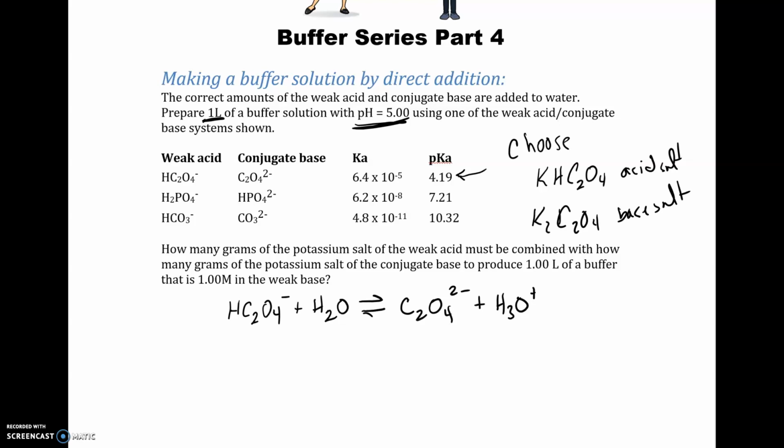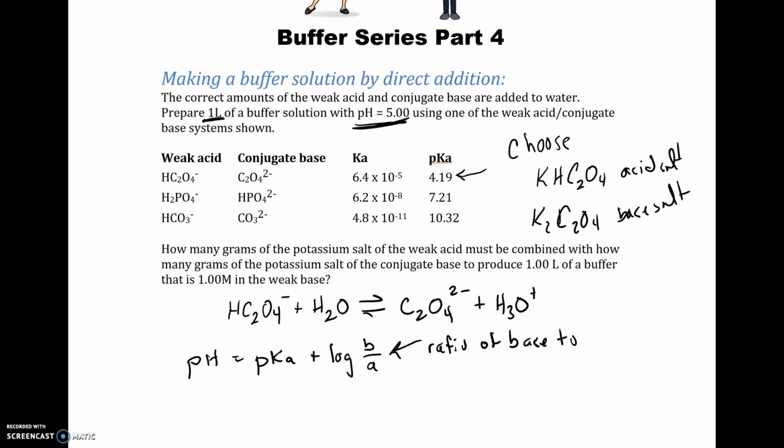We'll need those later. Ultimately we need to figure out how many grams of each of these we need, but we are going to first figure out how many moles of each we need. So we need the ratio of moles of base to acid that will create the buffer with a pH of 5. So that's how we're going to start.